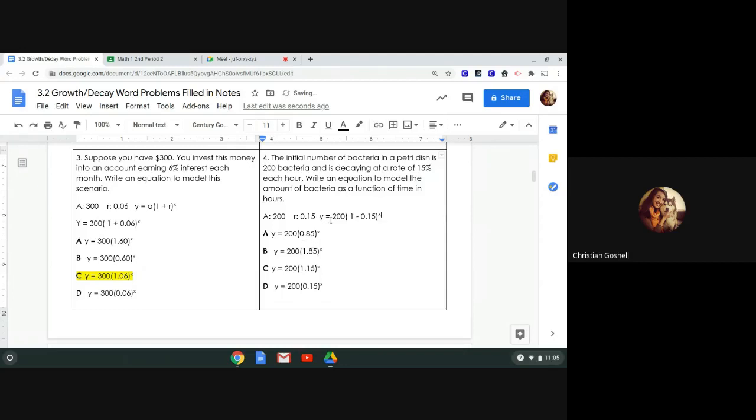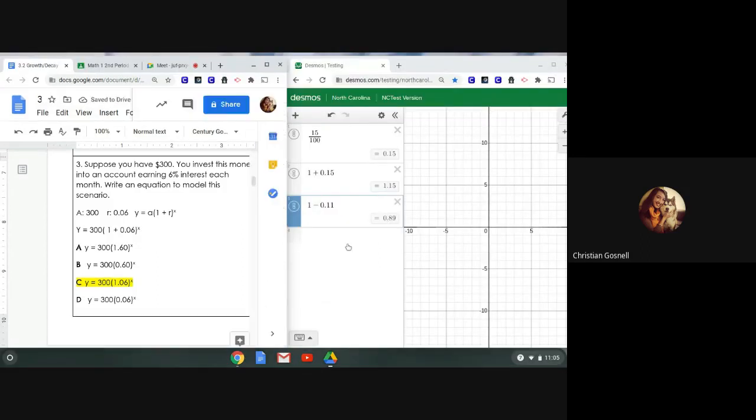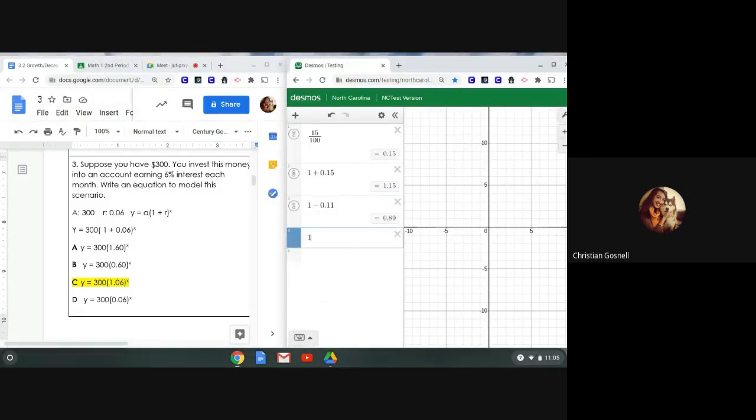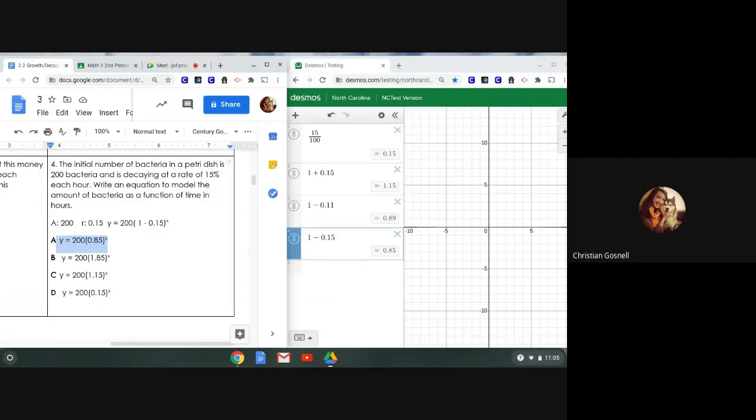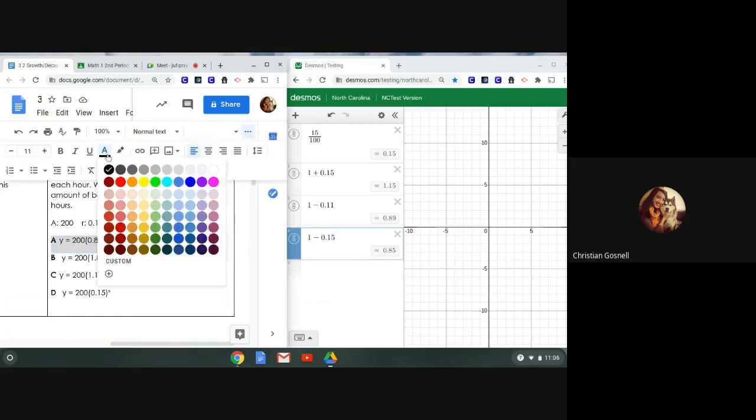The answer choices each have the correct start of 200, but I need to figure out what 1 minus 0.15 is inside the parentheses. That is 0.85, so that would be A. Those were your 4 examples on creating equations for exponential equations.